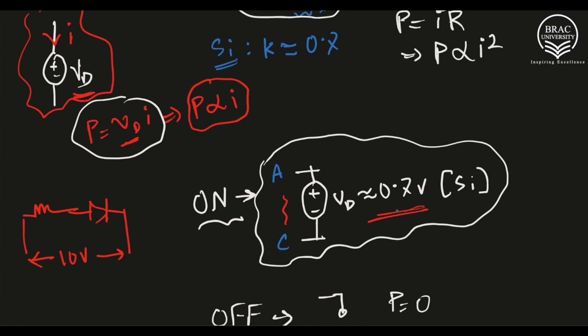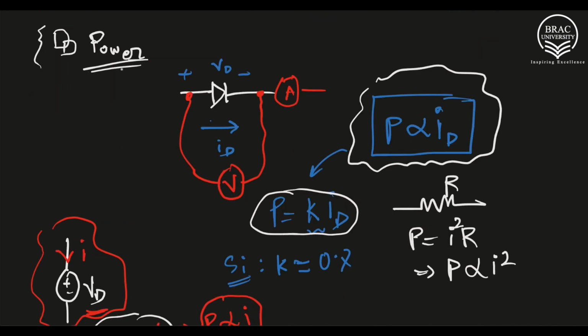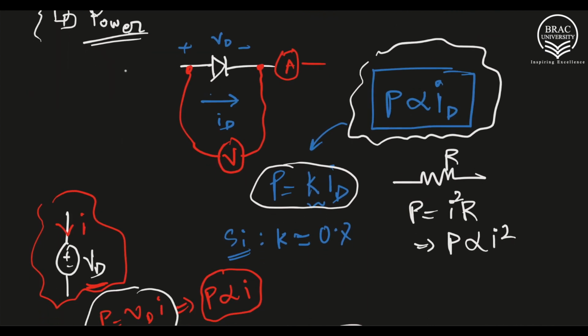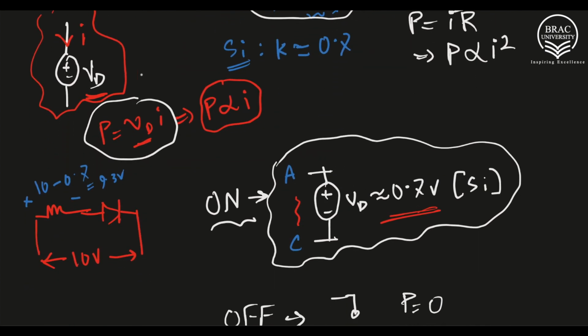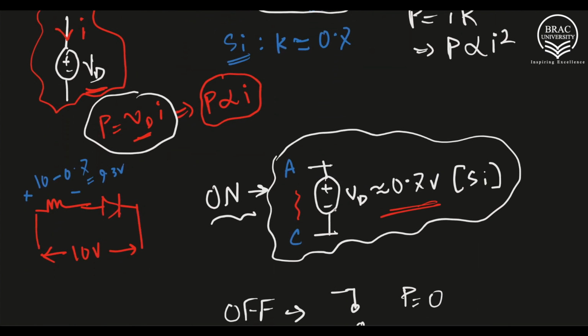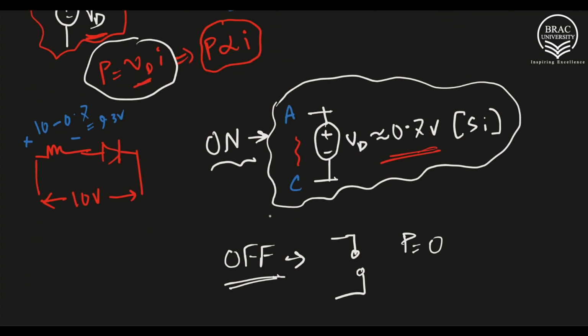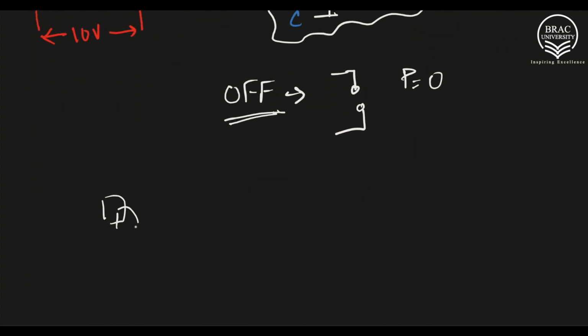So the output voltage, or the voltage across the resistance, will be 10 minus 0.7, which is 9.3 volt if the diode is on. So we can take the power into account by replacing the diode with a voltage source instead of a short circuit in the on mode.